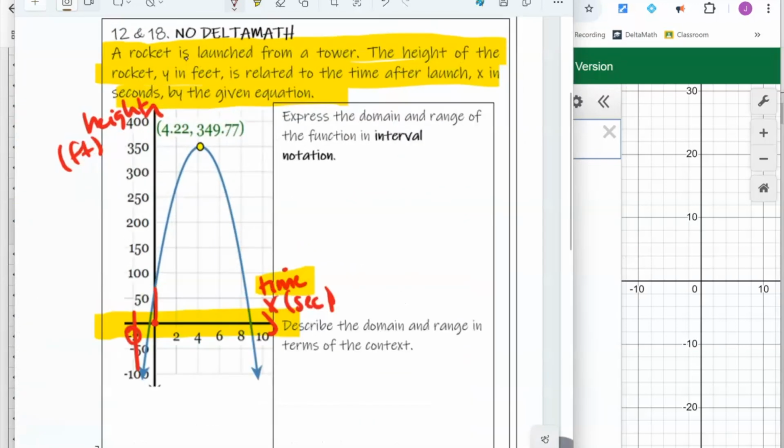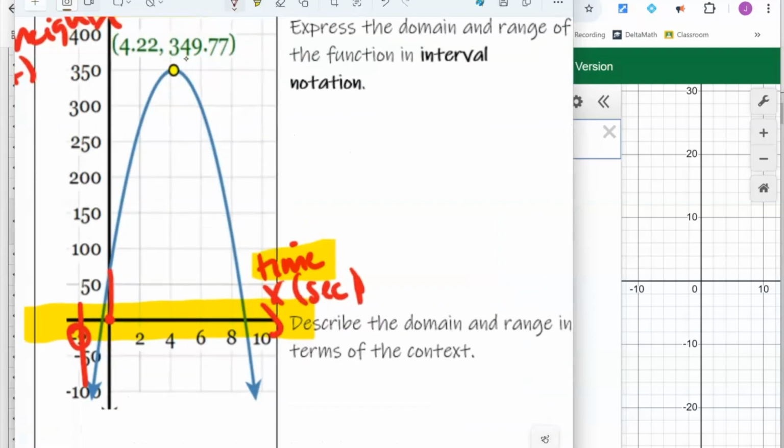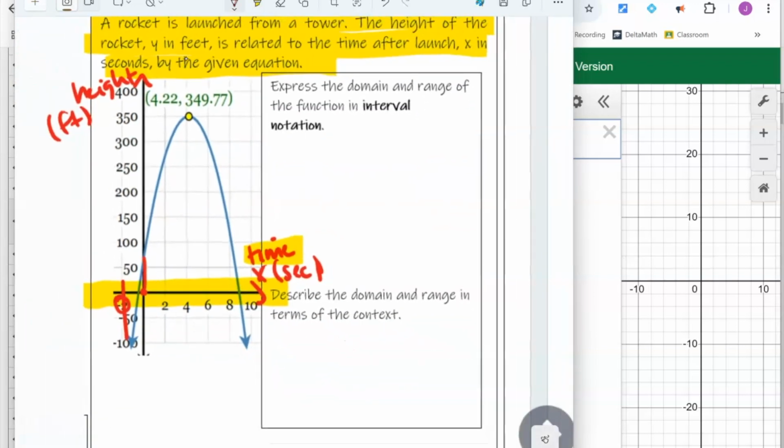How far can my domain go? There's an arrow here saying it goes forever to infinity, but let's think about it for a second. I can have 100 seconds. Can I have 200 seconds? 300 seconds? 1,000 seconds? Yes. But let's also think about what's happening in this question. It's a rocket. It goes up, then it goes down. What does it signify when it hits the x-axis?